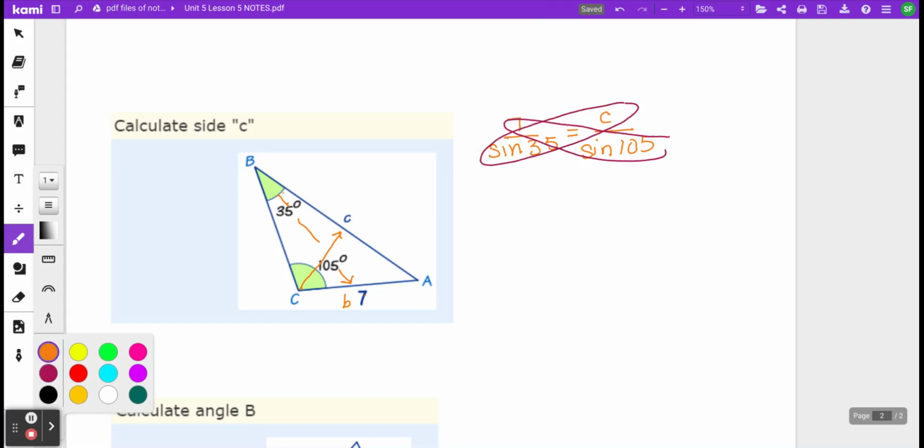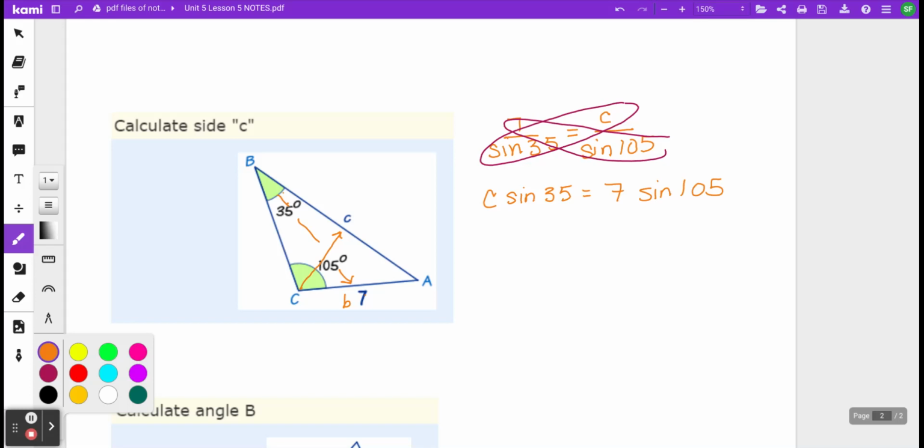And so we're going to get C sine 35 equals 7 sine 105. I always like doing the number first because sometimes, depending on what calculator you use, if you put the 7 after the 105 without closing off the parentheses, it can change your answer tremendously.